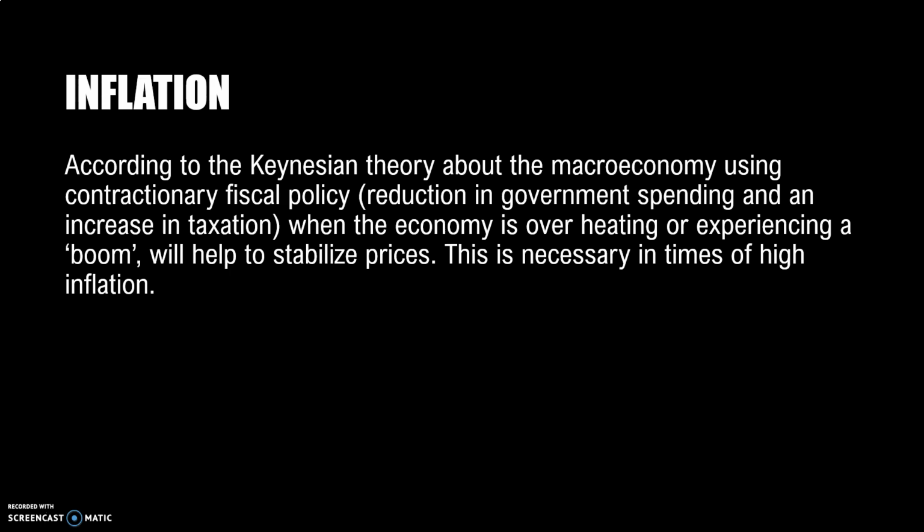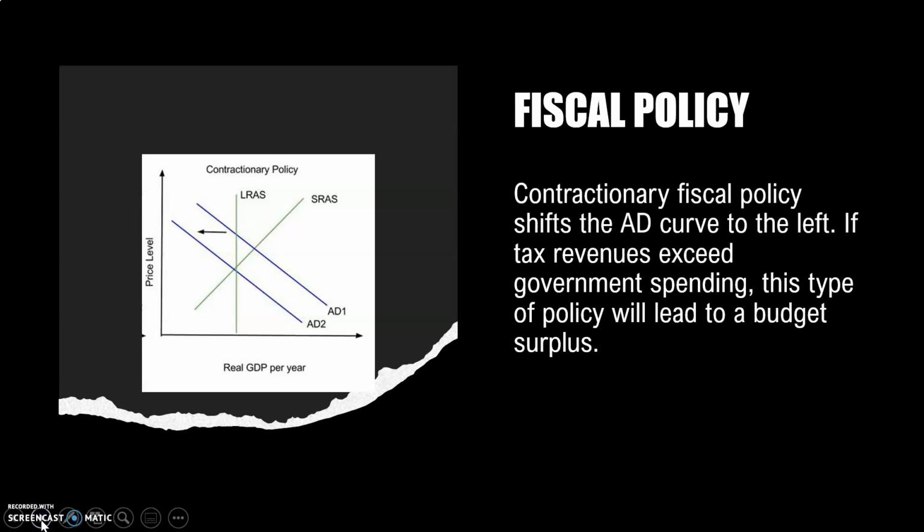And so this would lower their demand, and this would help to stabilize inflation, because if inflation is caused by demand-pull and consumers have less disposable income, then it would help to stabilize inflation if consumers are demanding less goods and services. And so a contractionary fiscal policy would cause there to be lower demand, and therefore the demand curve would shift to the left.